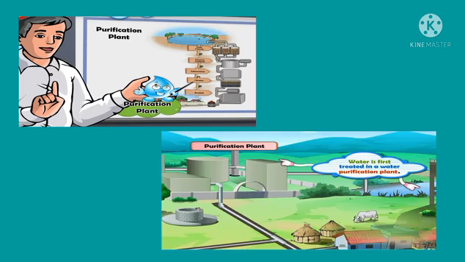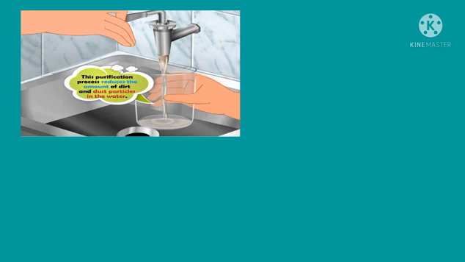That is why a large water source is identified near a settlement. Water from it is brought through large pipes to a common place. There, the water is made safe for drinking, and this is called purification of water.